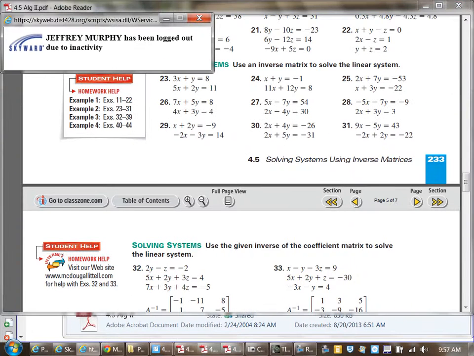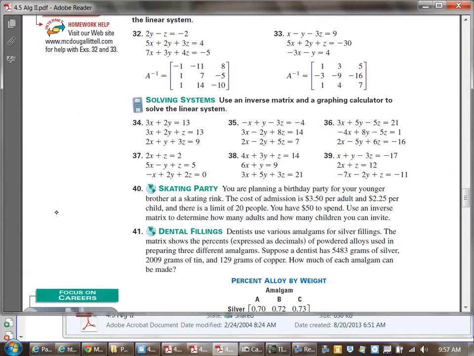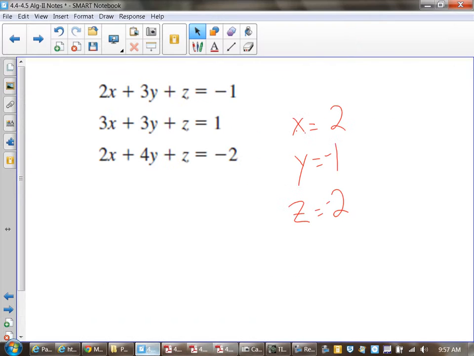Page 233, 26, 28, and 34, 36. Okay? And I'll rewrite that down on the smart board. That's a lot of stuff.